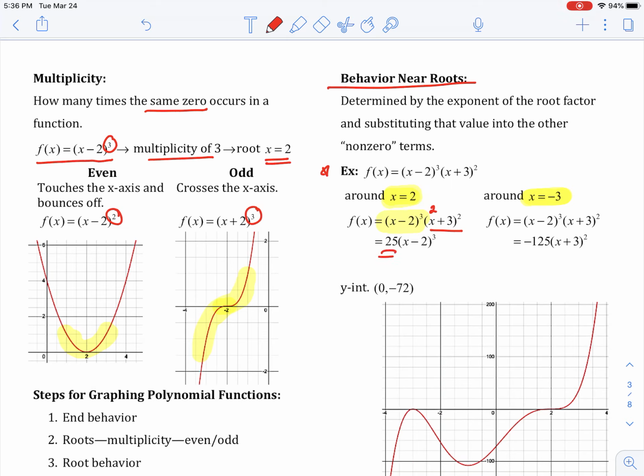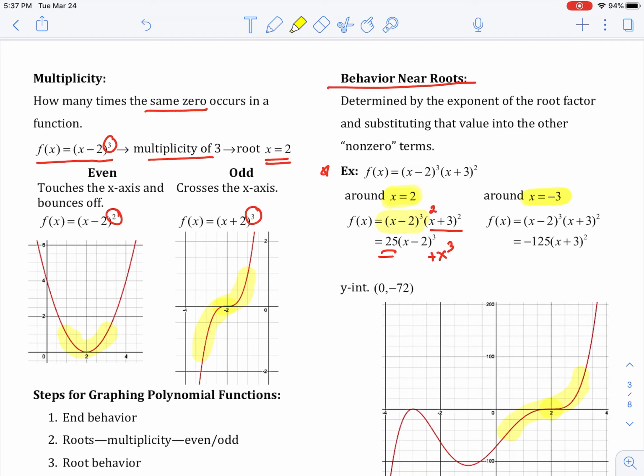And that is where we get this 25 from. 2 plus 3 is 5, 5 squared is 25. So the behavior as we are approaching x equal to 2 here is going to look very similar to the graph of 25 times x minus 2 cubed. It's going to look very similar to this positive x cubed type shape. And if you look at your graph, you do have this positive x cubed shape as we are close to the value of x equal to 2.